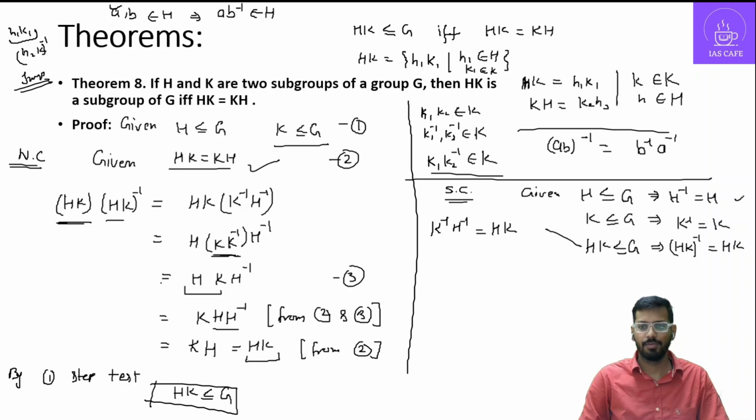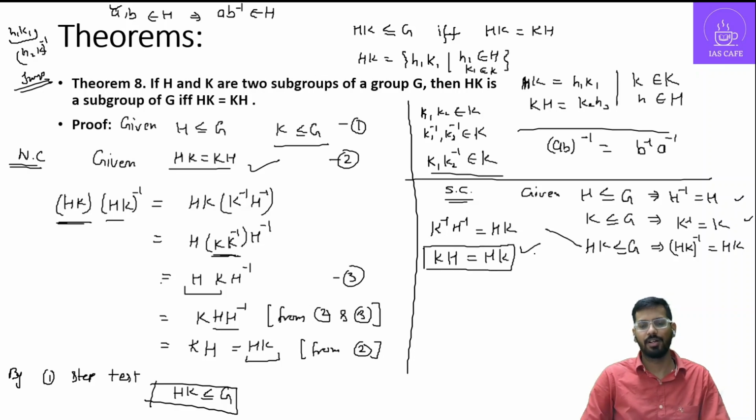And from this 1 and 2, we can write K inverse equal to K and H inverse equal to H, that is equal to HK. ठीक है, तो that is the sufficient condition. तो हमने necessary condition, sufficient condition दोनों prove कर दिए हैं.